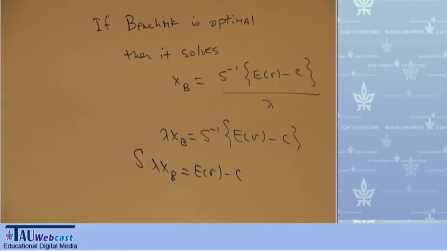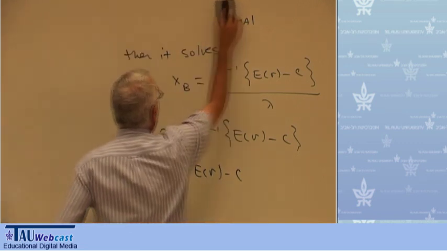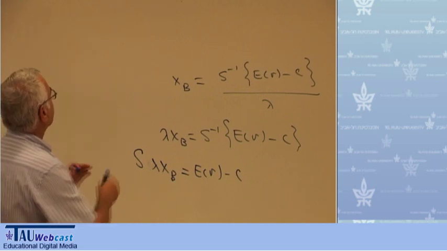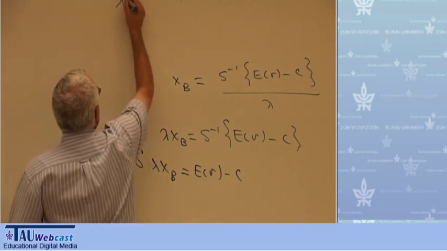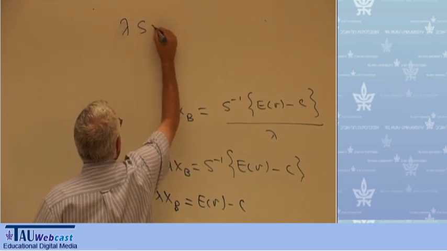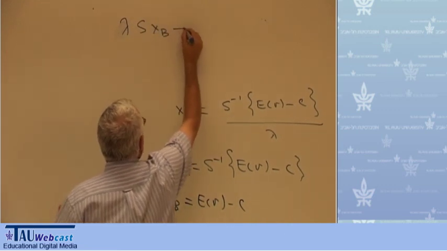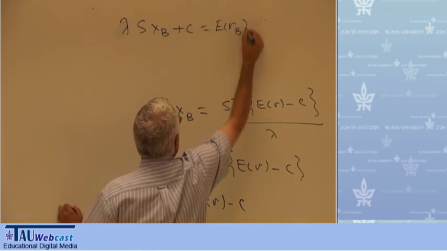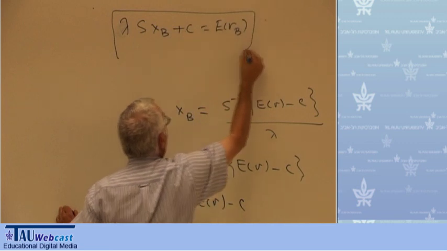I'll write this on the top of the board. And here's the solution: lambda times S times XB plus C equals the expected benchmark returns.